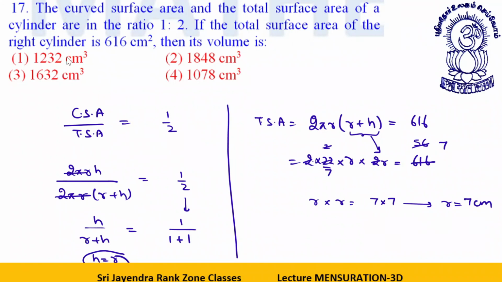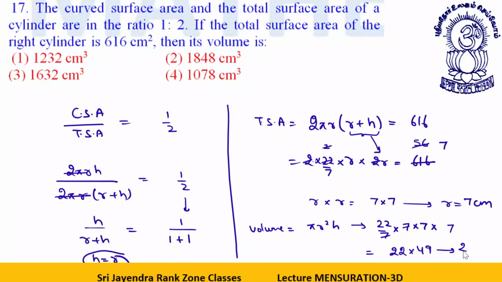If the total surface area is this, then its volume, where r is equal to 7. Now what will be the volume? The volume will be pi r square h, right? That is 22 by 7 into 7 into 7 into the height. Height is equal to r, that is 7. 7 and 7 will again cancel. So this gives me 22 into 49. So far clear?